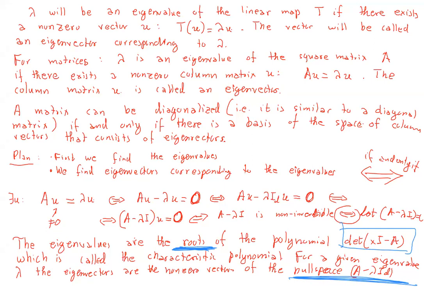So the question that we're going to ask ourselves here is, what is a situation where this is guaranteed? And it turns out that if an n by n matrix has n distinct eigenvalues, then it is diagonalizable.